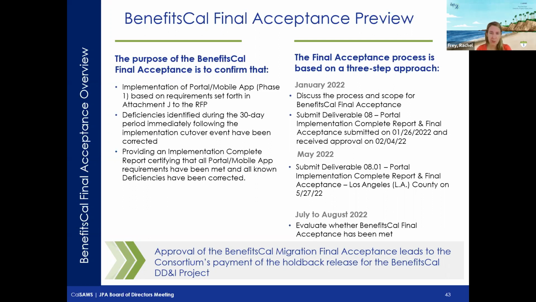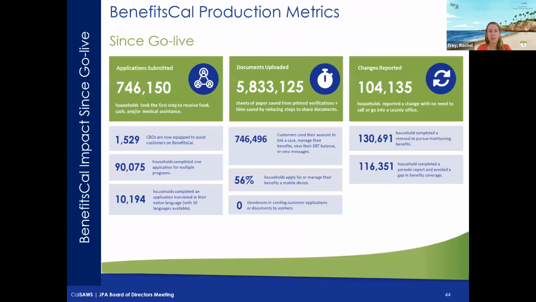And then we also submitted an implementation completion report associated with Los Angeles's go live and their 30 days post implementation in April. This is where we are now, at the evaluation stage to determine whether or not we're actually done. If we can move to the next slide.